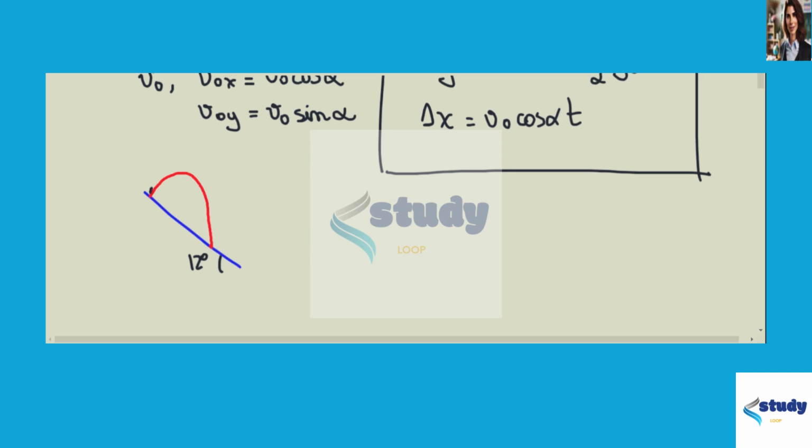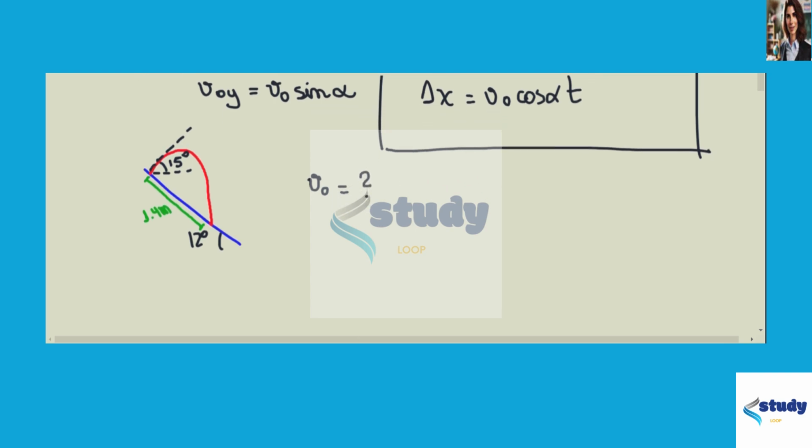The initial angle he makes with the horizontal is 15 degrees. And given that he falls back on the inclined plane after a distance of 1.4 meters, our goal is to find what was his initial speed v0.